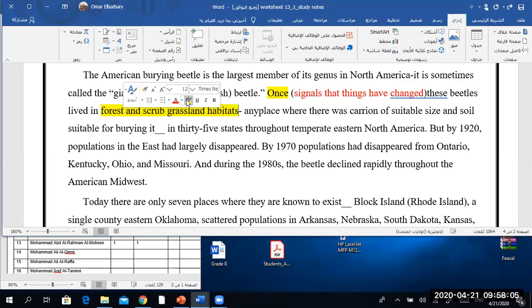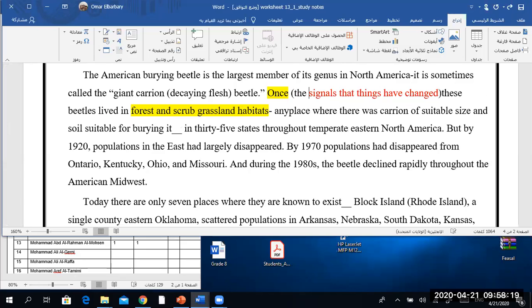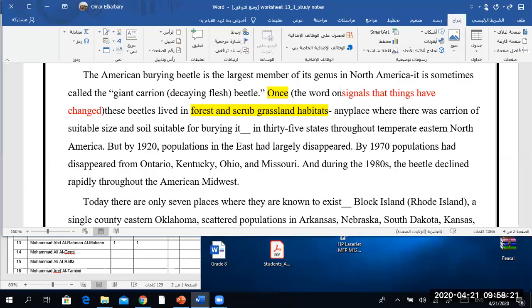All right? Do you understand now, boys? So how do I know, before even continuing to read? Only one word signaled that. So the word once here in this context signals what?